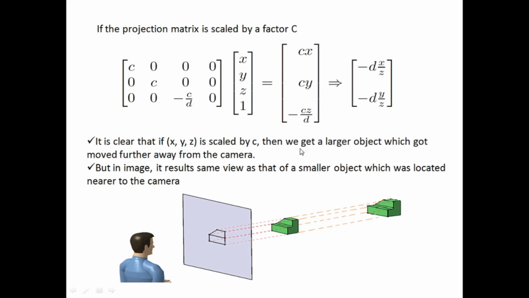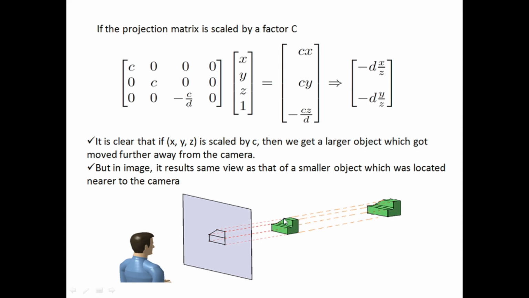Then can I tell you that the size of the object increases? That means the object which appeared earlier, if I scale it up by c units, then every dimension of this object, like length, width or height, also scales up.